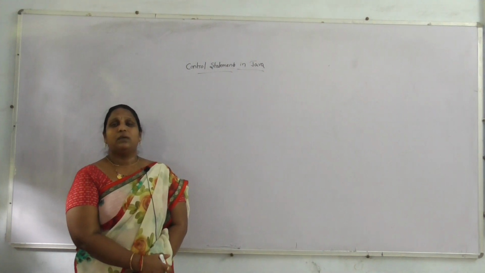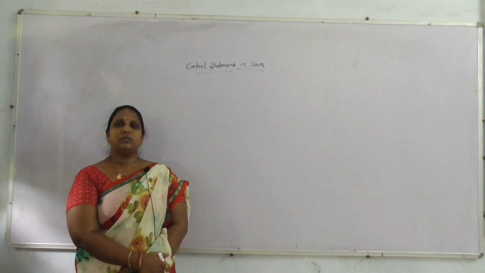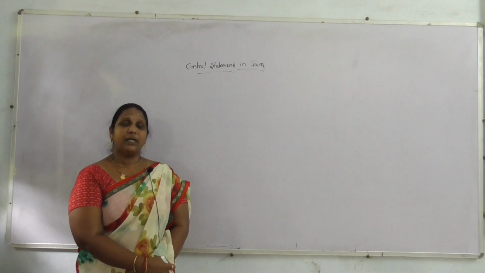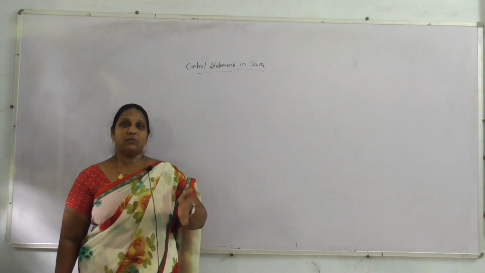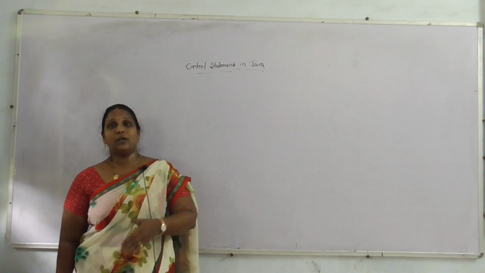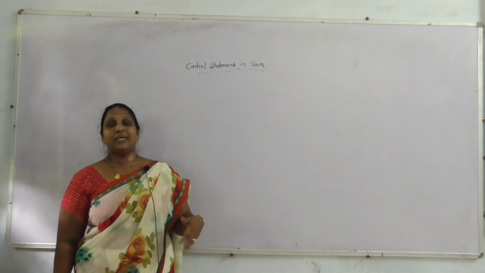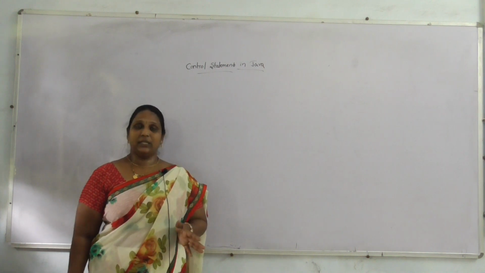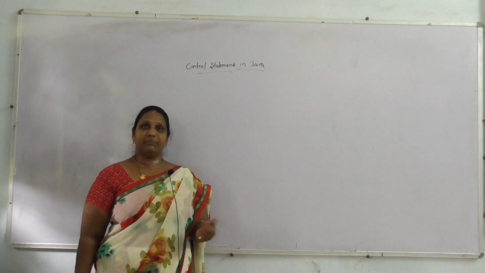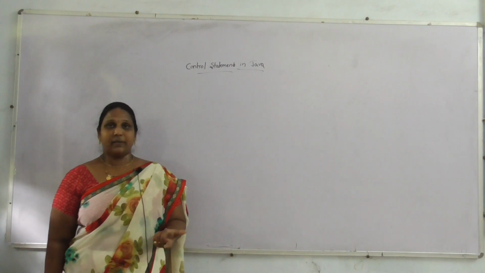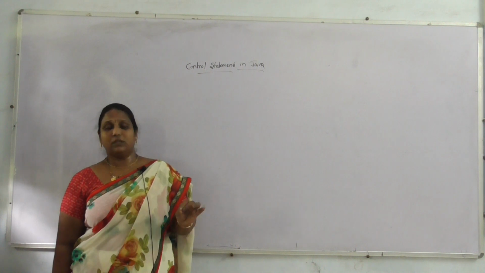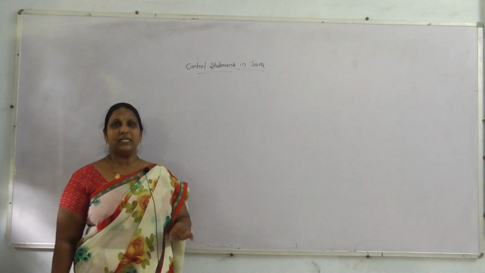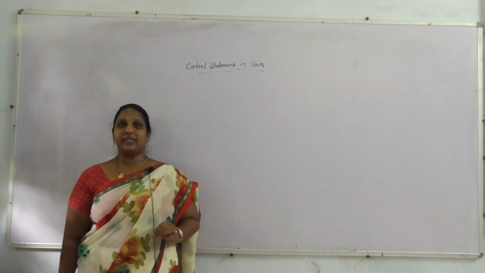If a program is going in some situation, the branch, that means jumping from one statement to another statement, is called branching. Branching depending on a particular condition is called conditional branching. Sometimes there is no dependence on a condition; that is called unconditional branching.